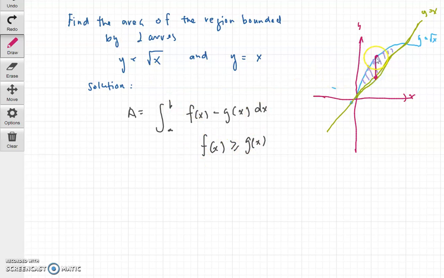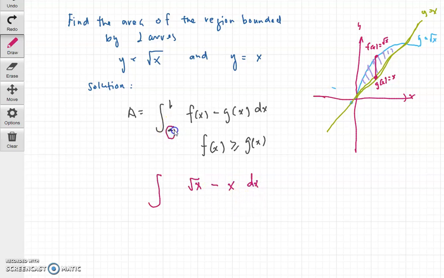The upper part lies on the blue curve, so the value of f(x) is equal to square root of x, and the bottom one lies on the green line, so the value of g(x) is equal to x. So now my calculation should be the integral of square root of x minus x dx.